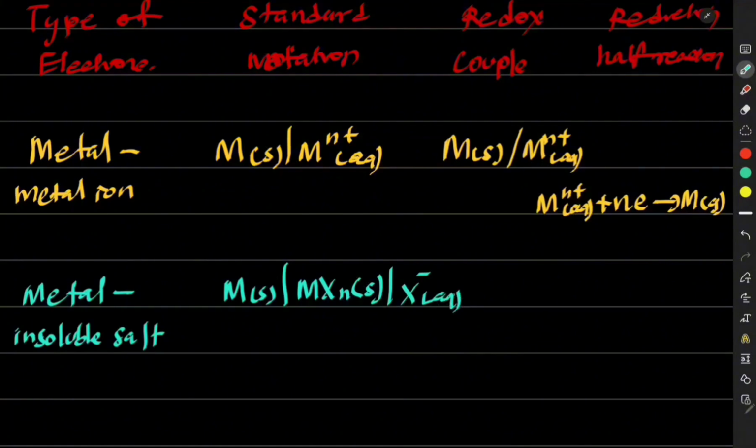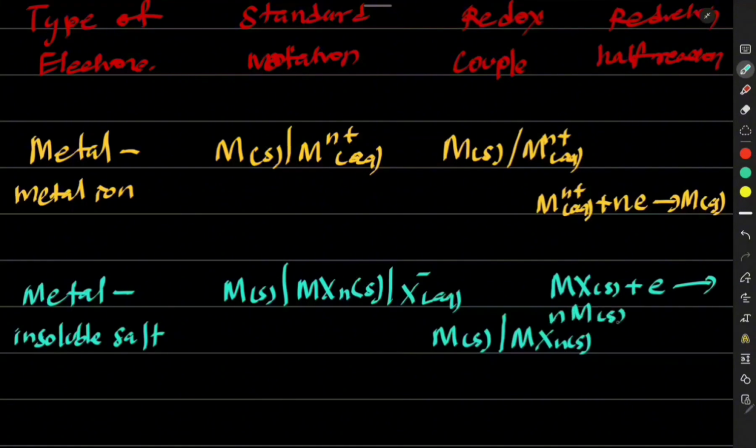And the redox couple is metal solid and salt solid. And the reduction half reaction is MX solid plus electron forms metal solid plus X minus aqueous.